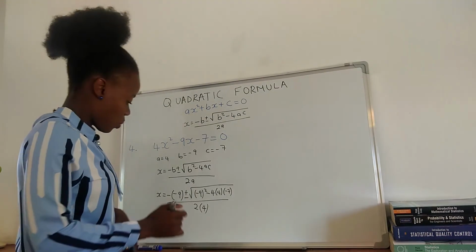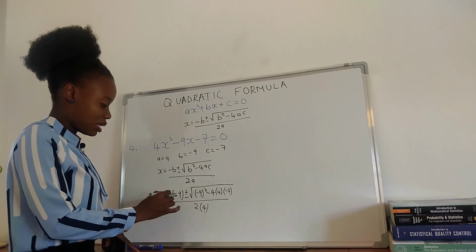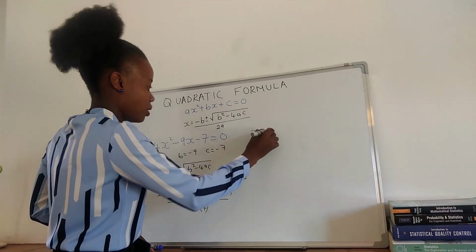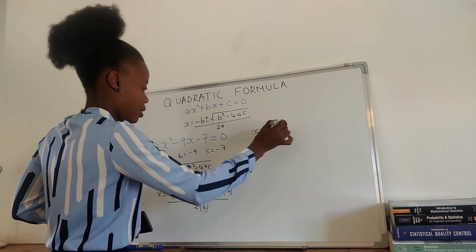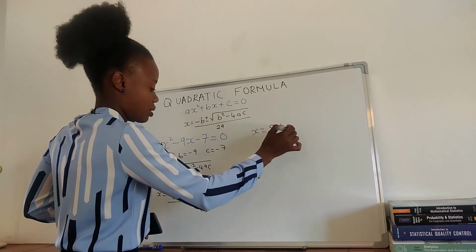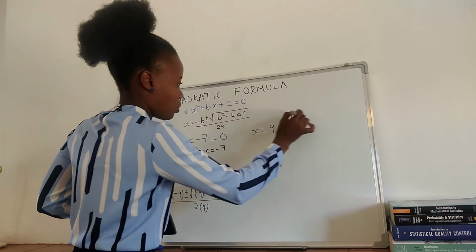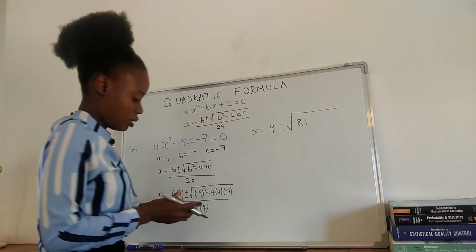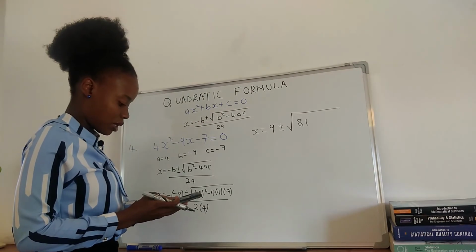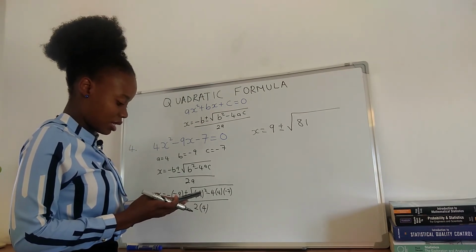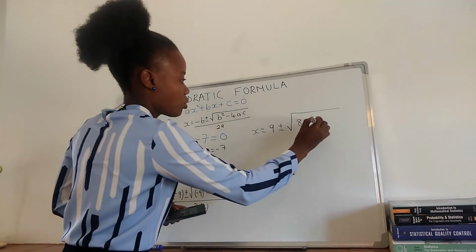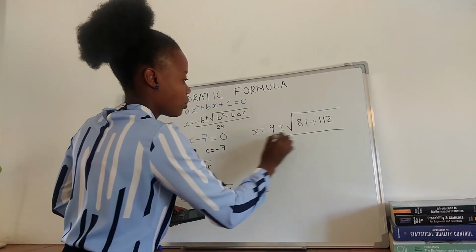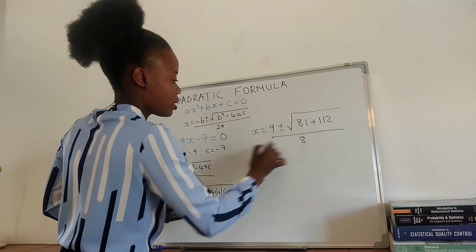So negative times negative 9, we're going to have 9 plus or minus square root of 81, minus 4 times 4 times negative 7, which is 112, all over 8.